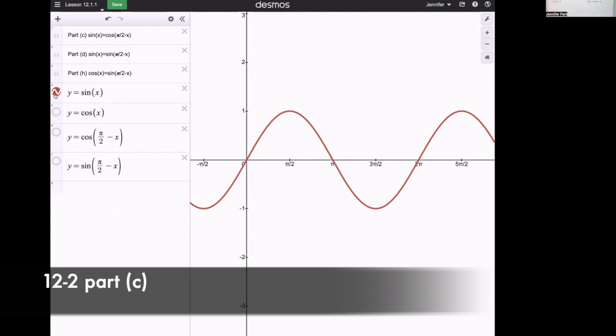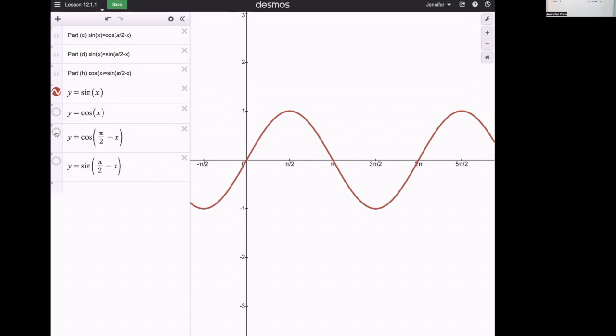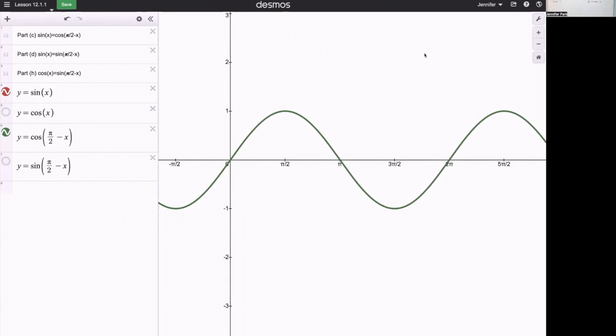Now here's what's going to happen. I'm going to click on cosine of pi over 2 minus x, and voila. It's just changed the color. Sine of x is red, cosine of pi over 2 minus x is green, and they are exactly the same. That's because, remember, we talked about how sine of x and cosine of x are very, very similar. They're both very cyclic curves, going on forever.